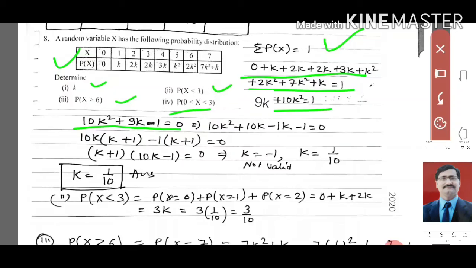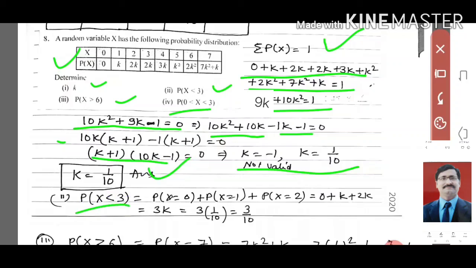From first and second you take common 10K, and from third and fourth you take common minus 1. So you get 10K bracket K plus 1 minus 1 bracket K plus 1 equal to 0. K plus 1 you take common, so you get (K plus 1)(10K minus 1) equal to 0. Here we get two values, K equal to minus 1, K equal to 1 upon 10. Since K cannot be negative, K equal to minus 1 is not valid, so K equal to 1 upon 10 is the answer.